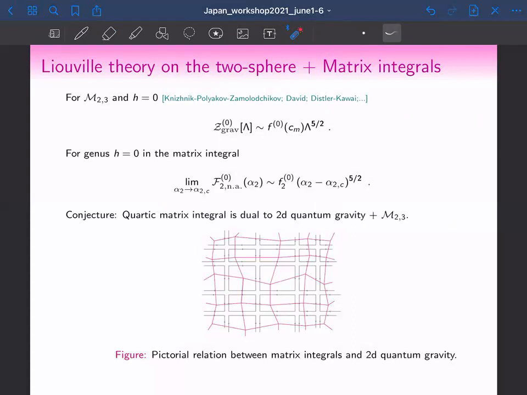And this is very beautifully encoded in this picture, where these black lines are the ribbon diagrams of the matrix integral, and the magenta lines on top of it are the dual lattice, because two-dimensional quantum gravity sums over Riemann surfaces. So this is this dual lattice.